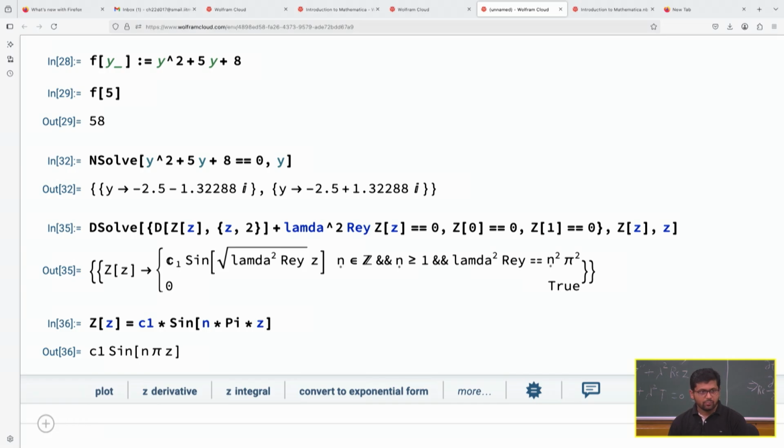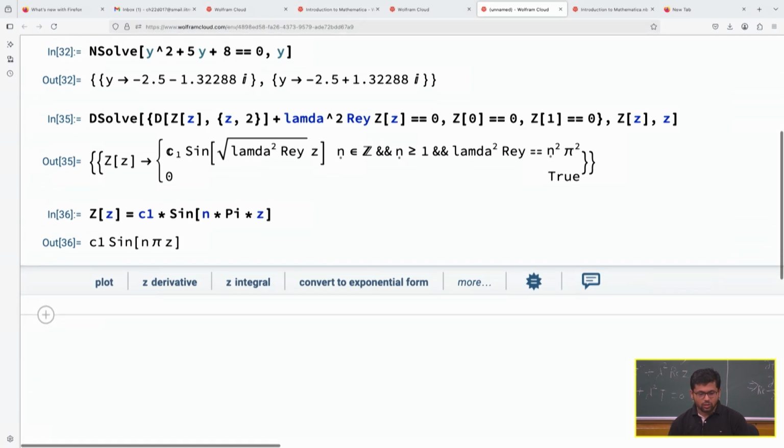What I did is, we had two differential equations. The first one is a homogeneous differential equation. I put that differential equation along with its boundary conditions in the DSolve command, and it gave us two solutions: 0 and a non-zero solution. We always want a non-zero solution, so we have chosen the non-zero solution for further calculation. So we got Z of z.